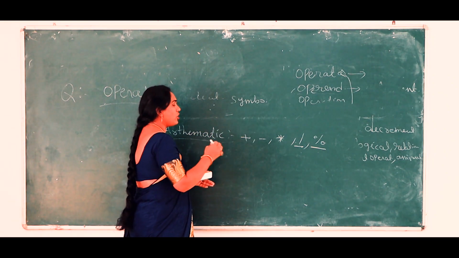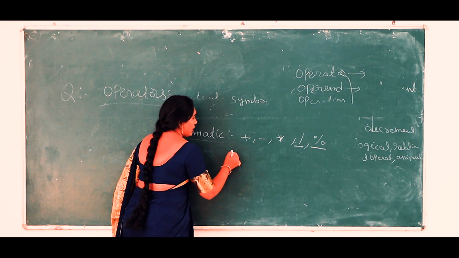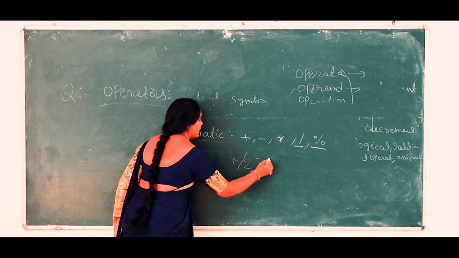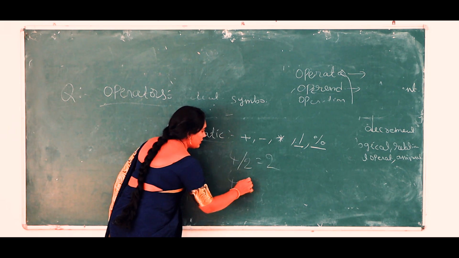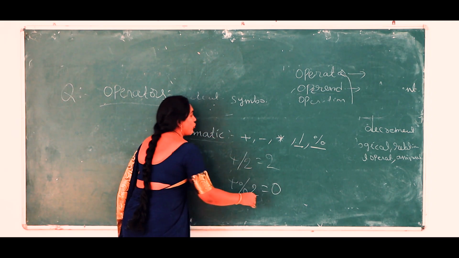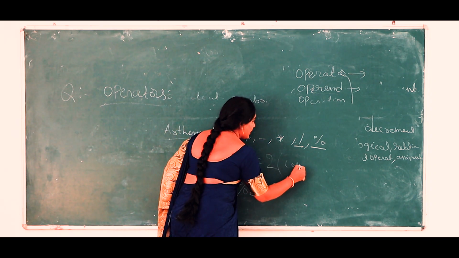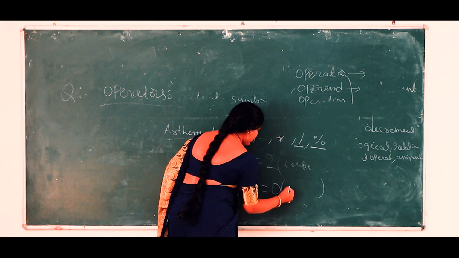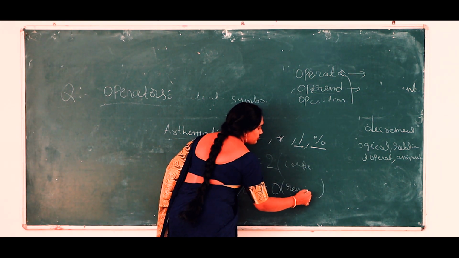The difference between division and modulo division is, if you do 4 divided by 2, what answer will you get? 2. If you do 4 modulo division 2, what answer will you get? 0. This is the quotient and this is called the remainder.